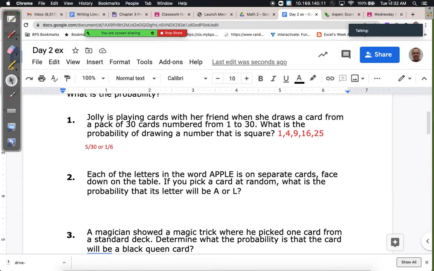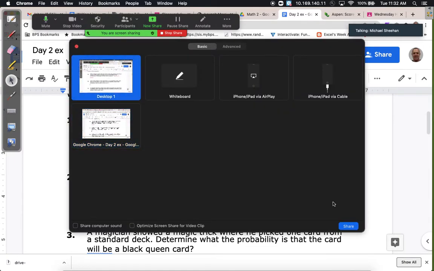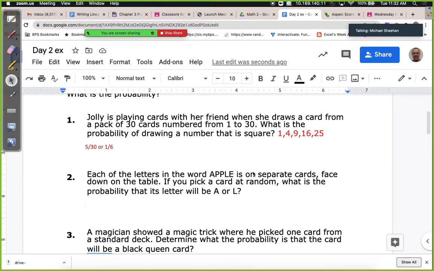All right, so maybe I'm not explaining this well enough. Hold on. Can you repeat that? Yeah. So we've got each of the letters in the word apple is on a separate card, and they're face down on the table. So how many cards would there be?